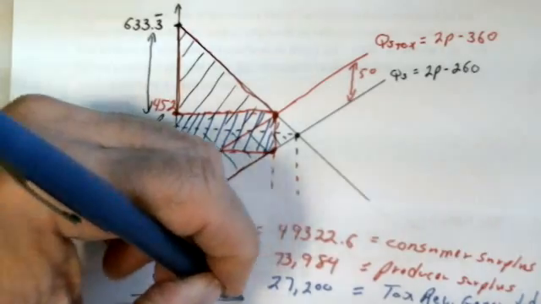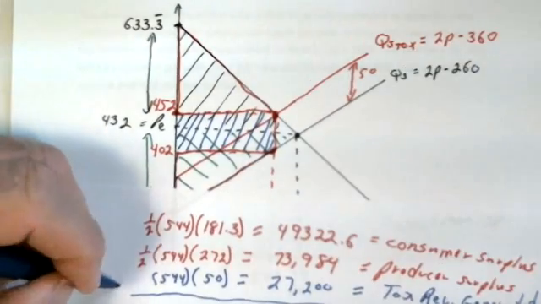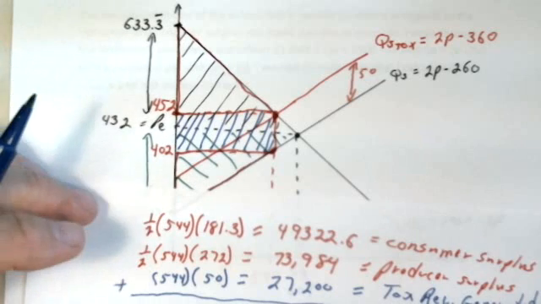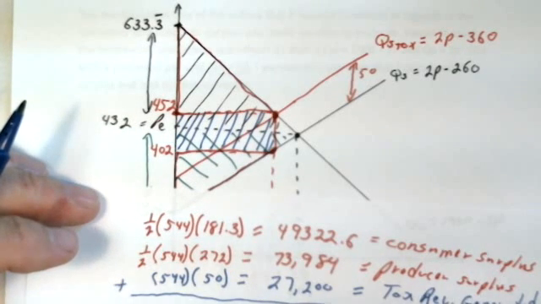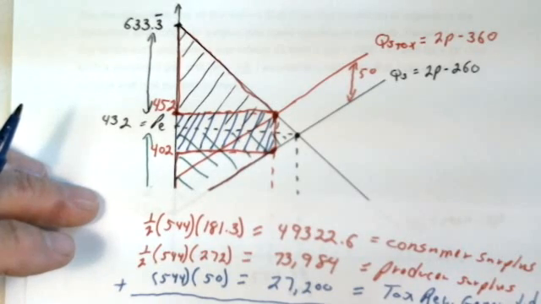So then the total of the surplus and the monies that the government got would be the sum of all those things. So it would be 27,200 plus 73,984 plus 49,322.6.